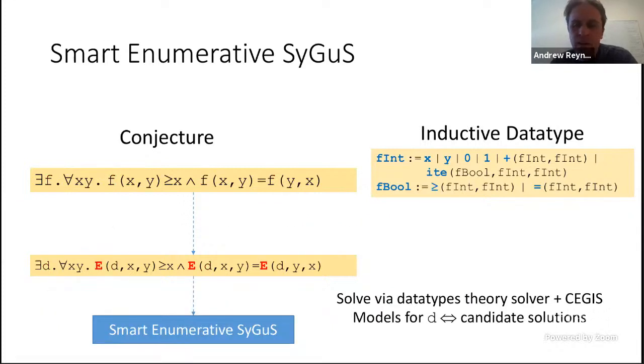Given this form of the conjecture, we're able to give it to CVC4 and solve it via a combination of the data types quantifier-free theory solver plus a SyGuS loop. The idea is that models for D correspond to candidate solutions.